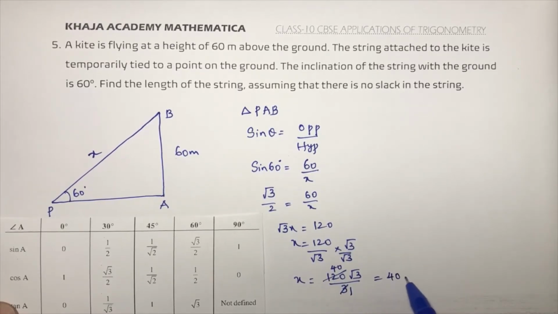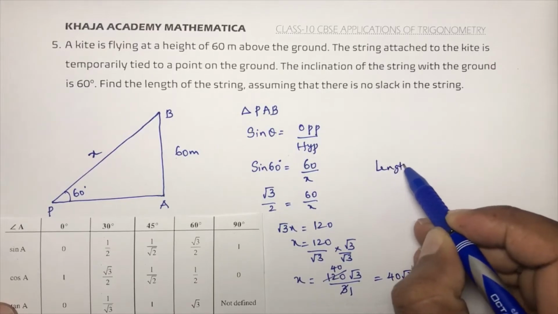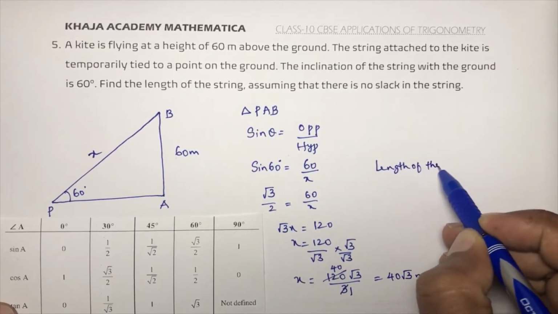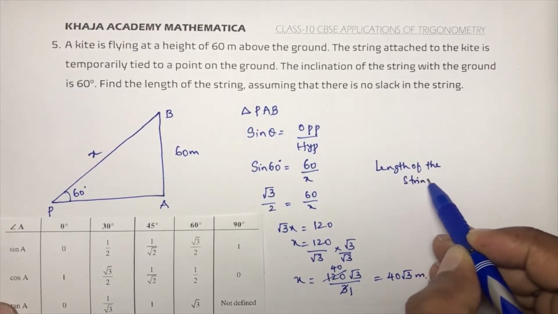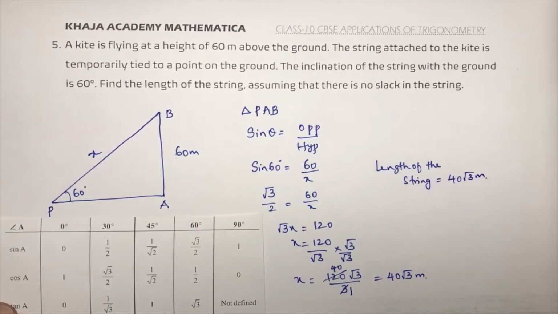So which is nothing but 40 root 3 meters. So the length of the string is 40 root 3 meters.